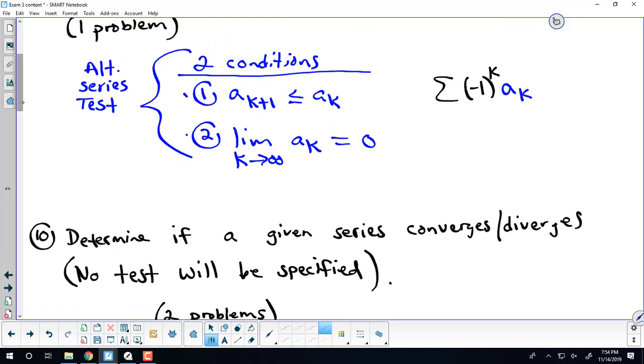Yeah. So like this item 10, no test will be specified. So you know, like the root test, the ratio test, you should be aware of what situations those apply to. Hopefully, after you've done all of the homework, you've got a good sense of what you're doing.